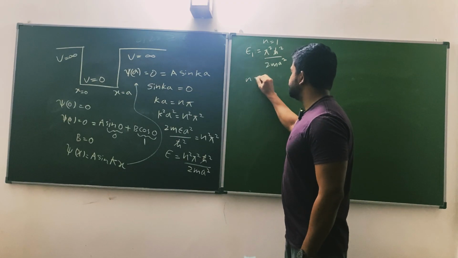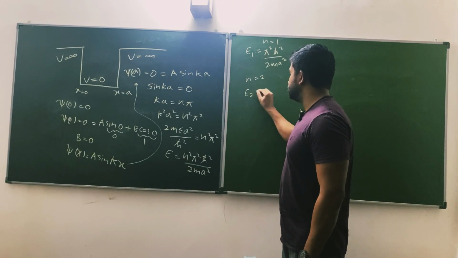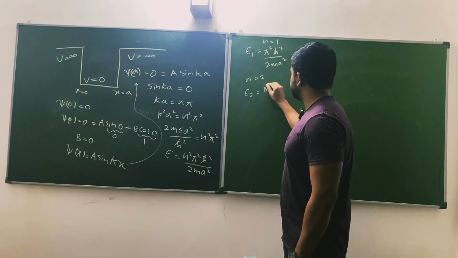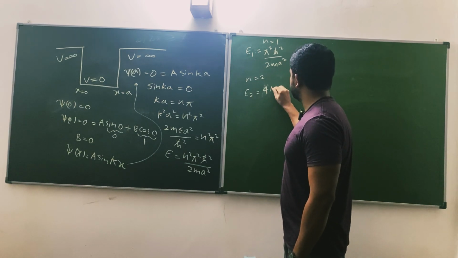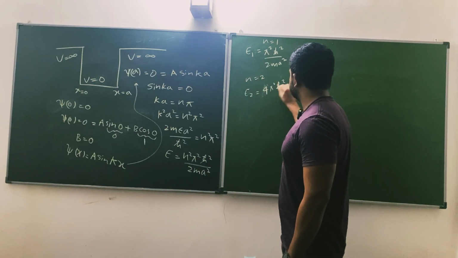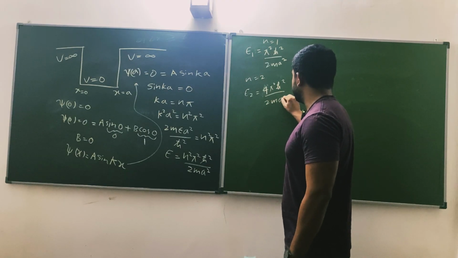Moreover, when n is equal to 2, E2 is 4 pi squared h bar squared over 2 m a squared, because 2 squared is 4.